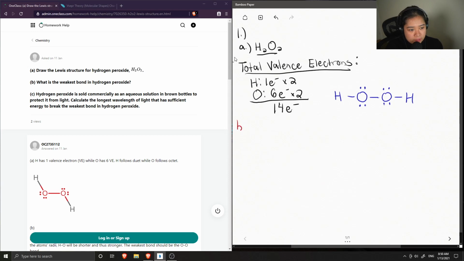Okay, so the second part of the question says, what is the weakest bond in hydrogen peroxide? Hydrogen is the smallest element on the periodic table. So I'm just going to write that oxygen atoms are much larger than hydrogen atoms.